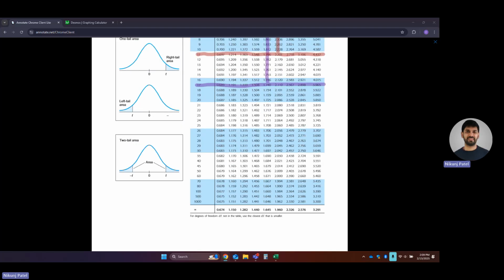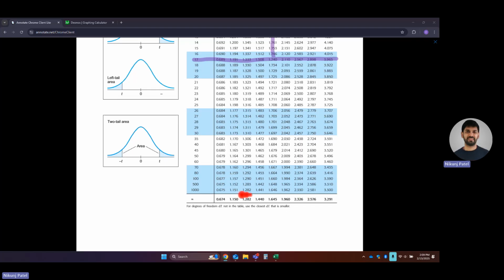But also on top of that, you have this row down here. Now this row right here is when your degrees of freedom is very large, infinity. These numbers right here are essentially the same values as your Z critical values.